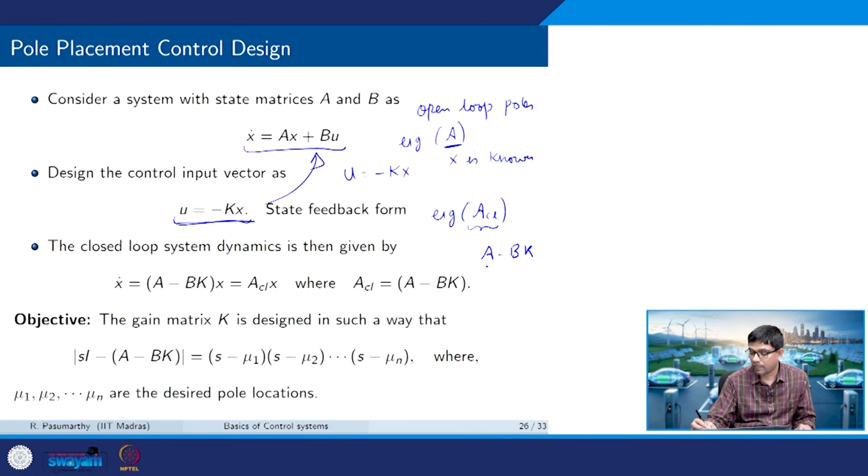A is fixed, B is fixed, K is unknown. So, can I choose an appropriate K? Can I design a K which will place my closed loop poles at the desired locations?